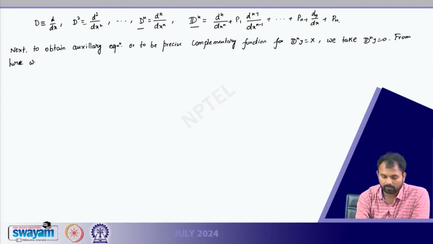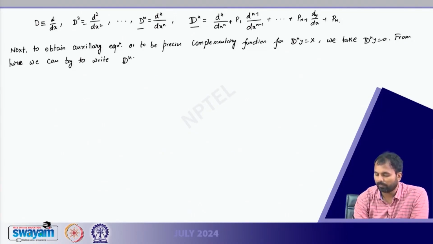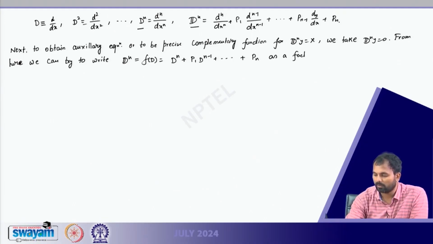we can try to write Dn, which is equal to, let us say, a function of D's, because they are a function of D's, which is Dn plus p1 Dn minus 1 plus dot dot up to pn as a polynomial in D. What does that mean?